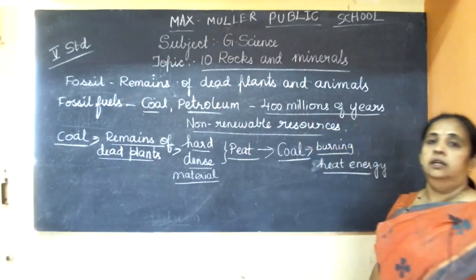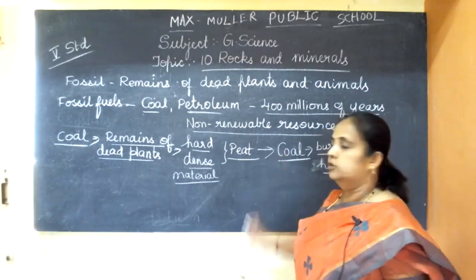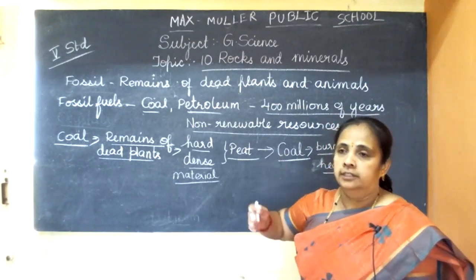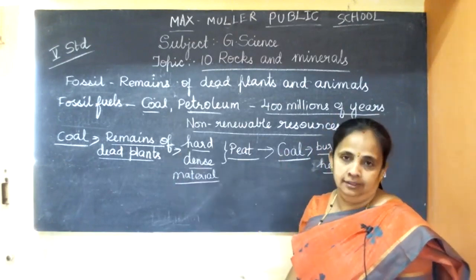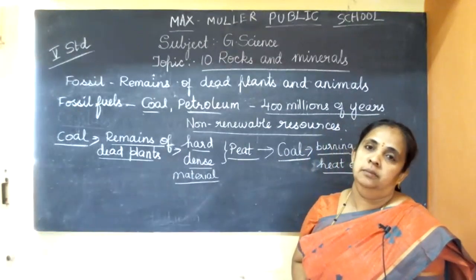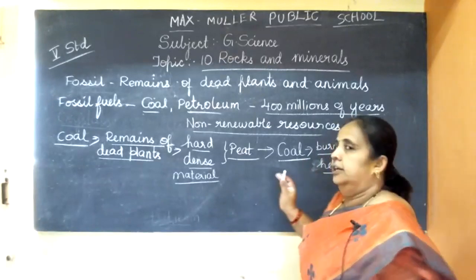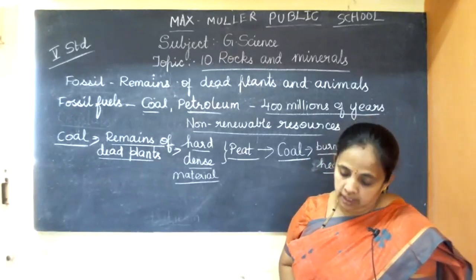You might have seen that railway engines use coal. The heat produced drags the train. Coal is also used in many industries to run machines, and in producing electricity.